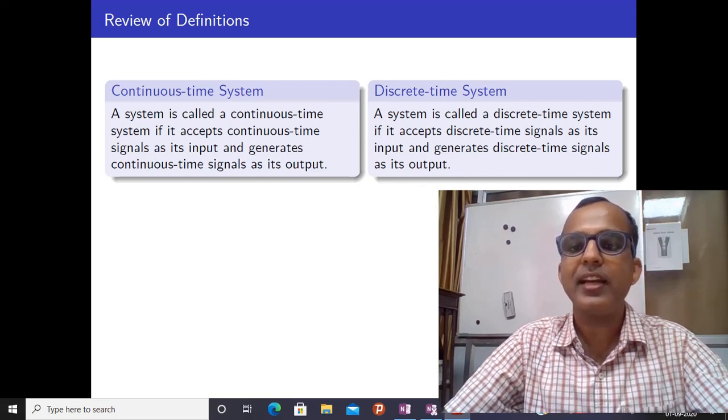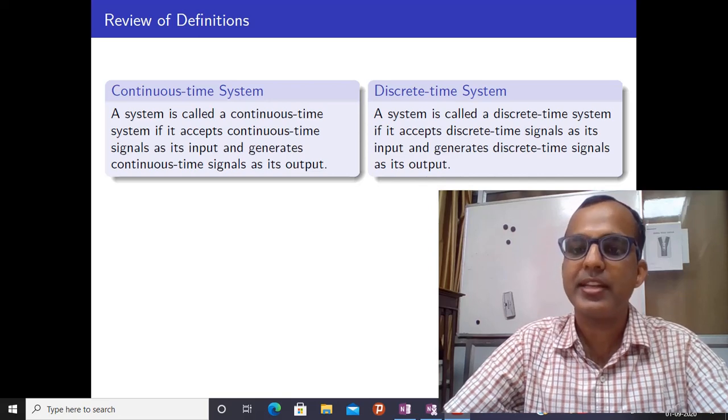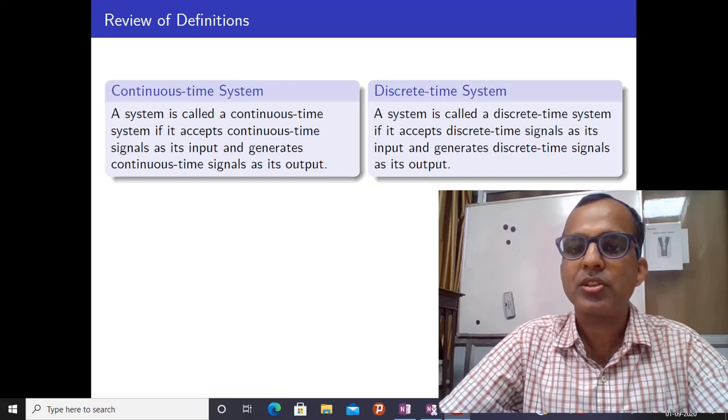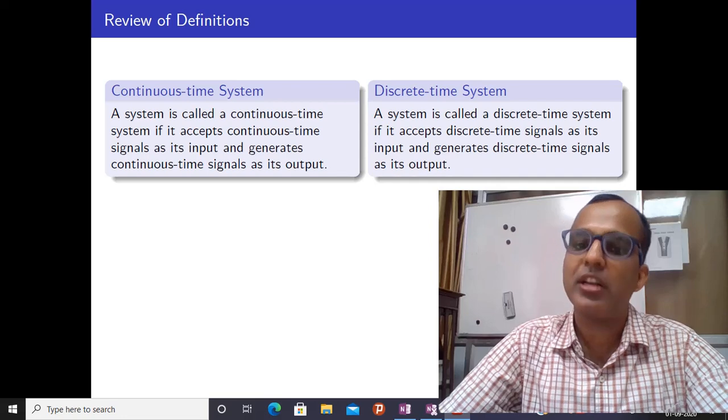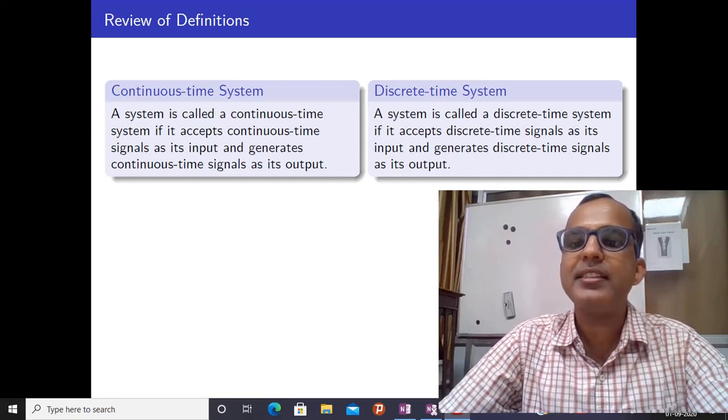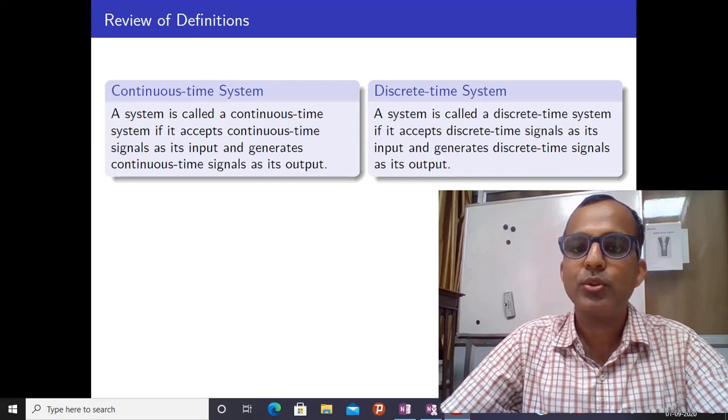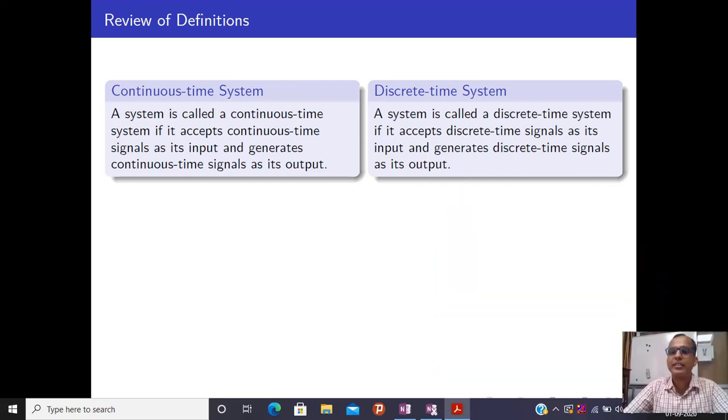It means the signal is not available at each time instant, but only at some particular time slots, which may be regular or irregular, equally or unequally specified, and similarly it generates a discrete time signal. We have one separate course related to digital control or discrete time systems, so in this modern control course I am going to emphasize continuous time systems.